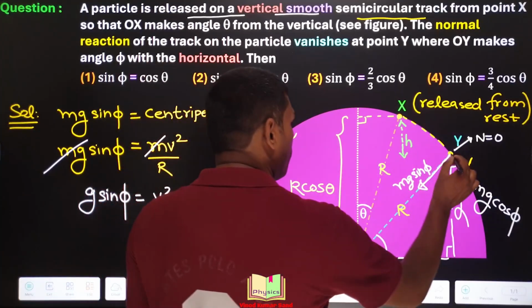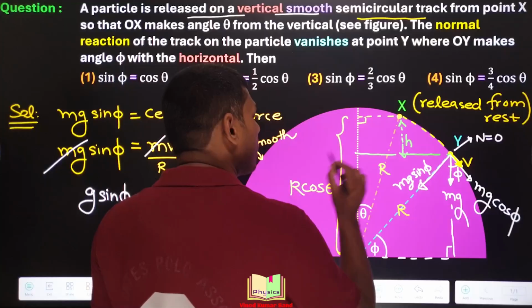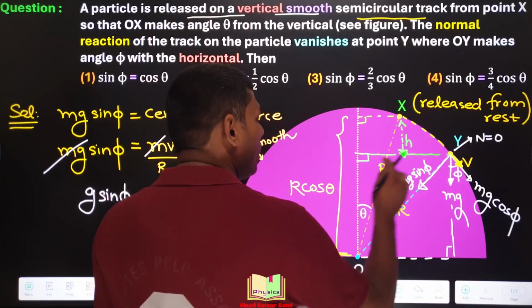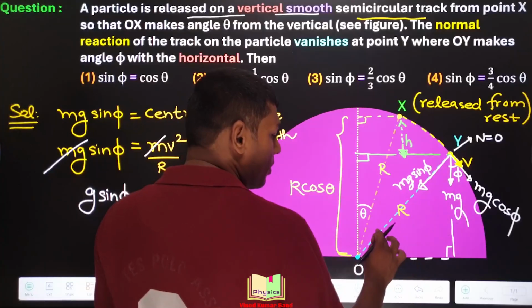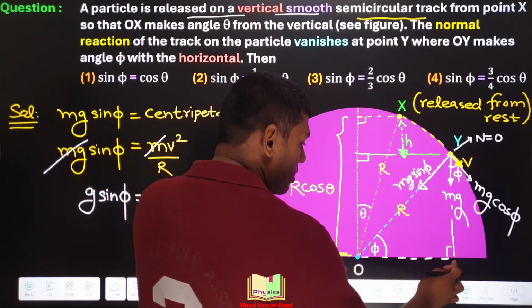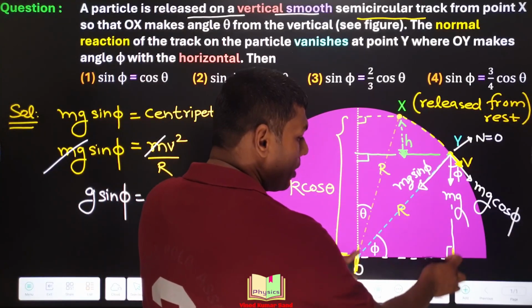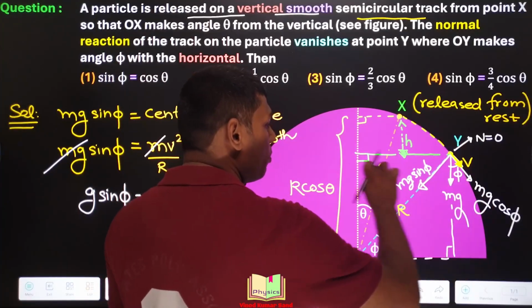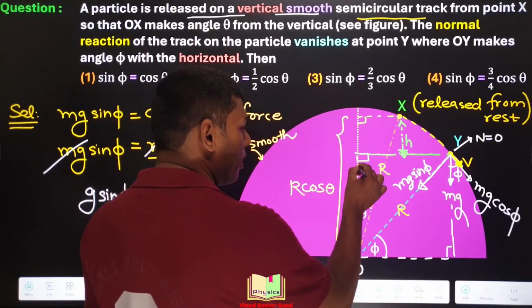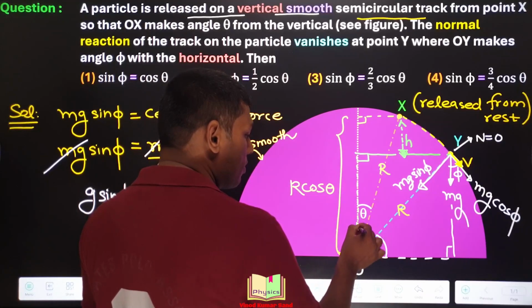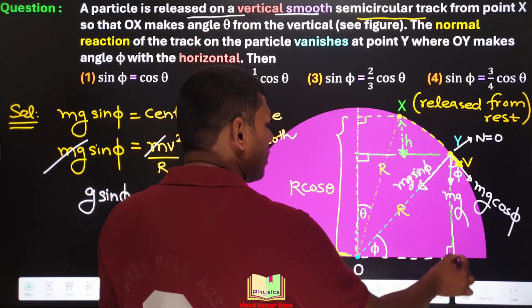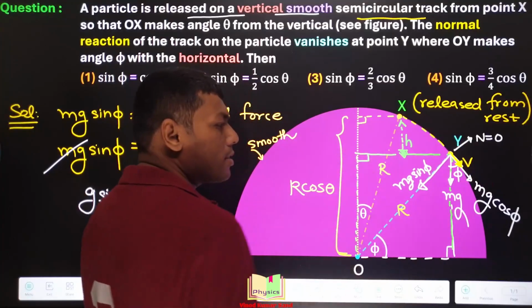Similarly, if you draw a perpendicular from here, like this, and we know this length is r, this angle is phi, this distance here to here will be r cos phi, and this distance would be r sin phi. I am talking of this green distance. This would be r sin phi.